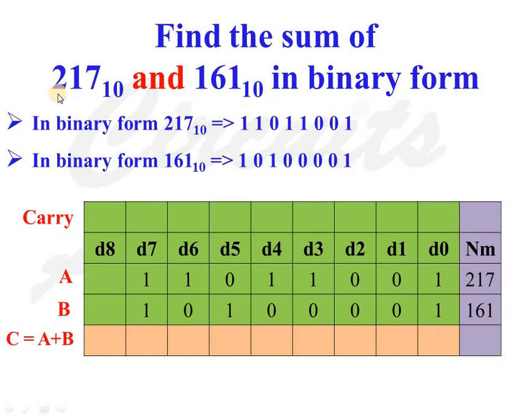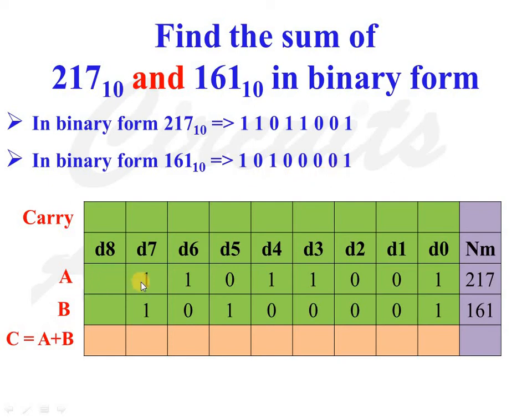Find the sum of 217 and 161 in binary form. In binary form, 217 is equal to 11011001 and 161 is equal to 10100001.